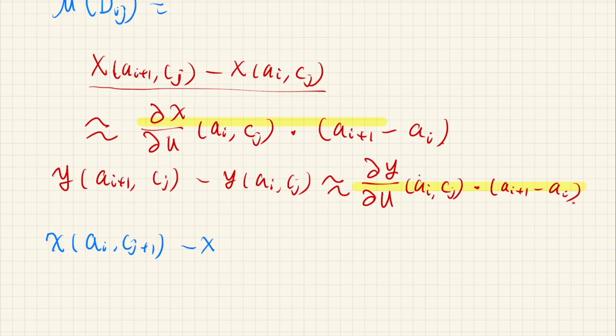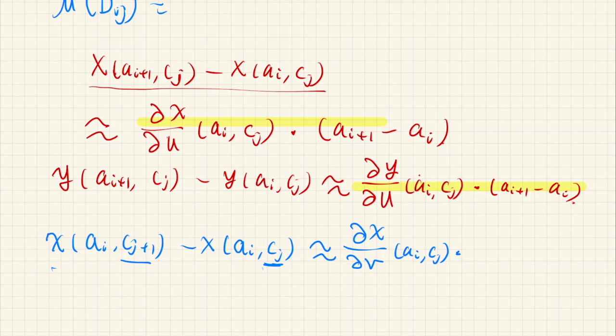So this is the x coordinates, ai and cj. So this is approximated as, the difference is only in this coordinate, so it's dx/dv at cj times the difference here, cj+1 minus cj.